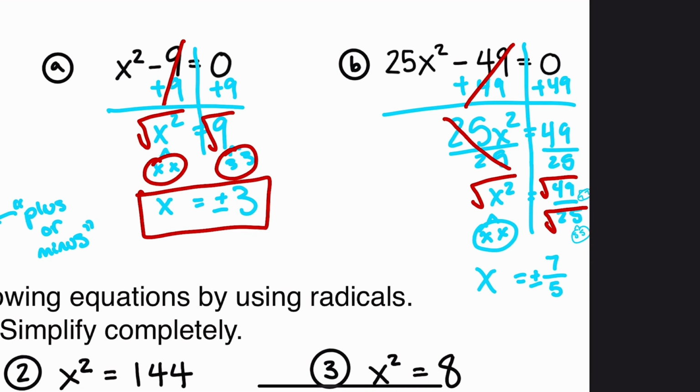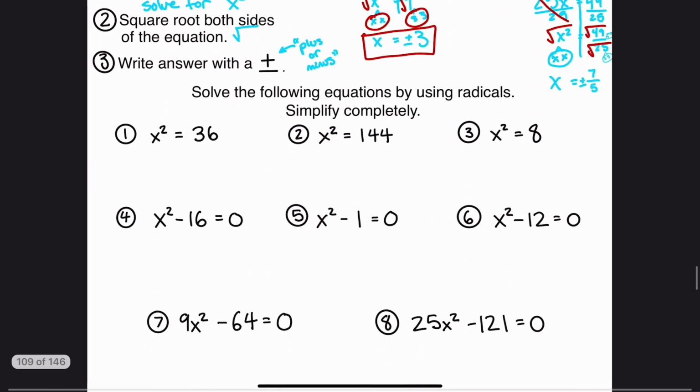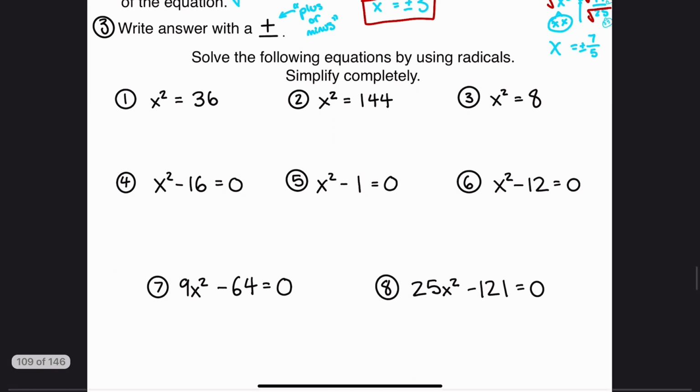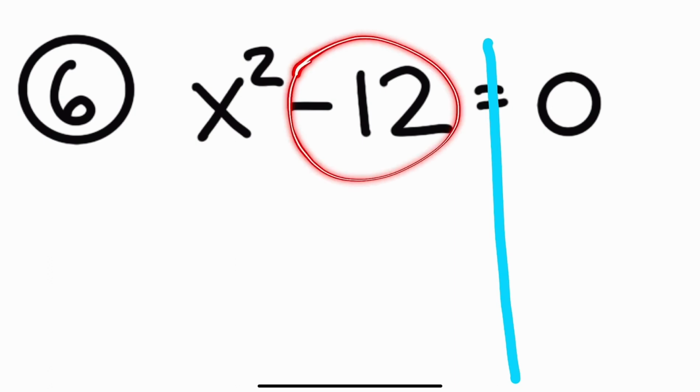When you are simplifying these, every once in a while you will get one that does not have a perfect square. So let's take a look at one that looks like that, like number 6. So for this guy, again, you are still going to solve for x squared first. So I see my negative 12 is in my way.